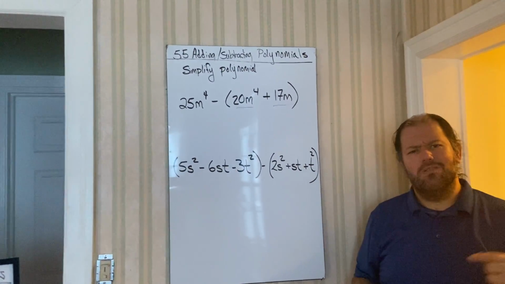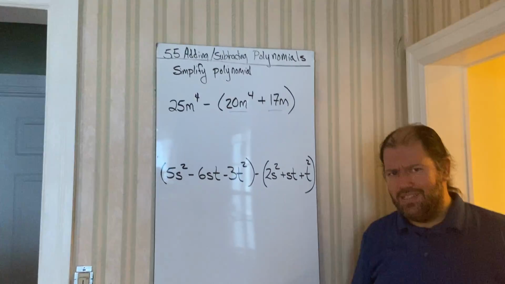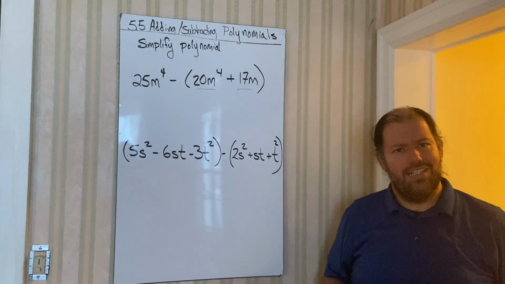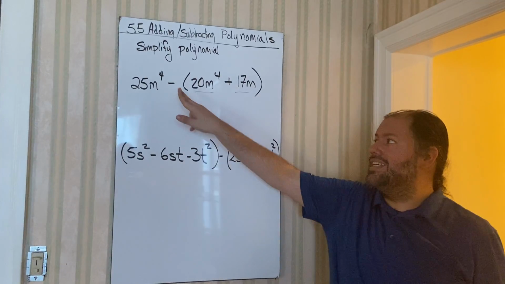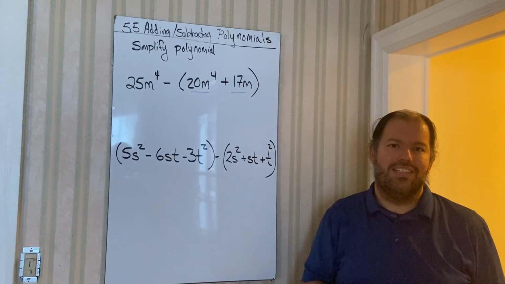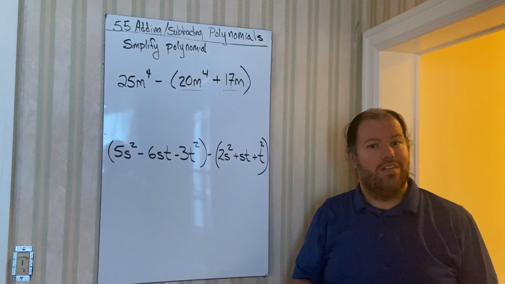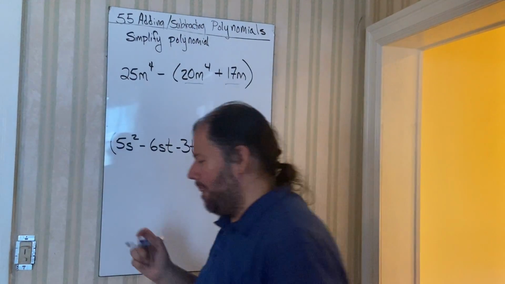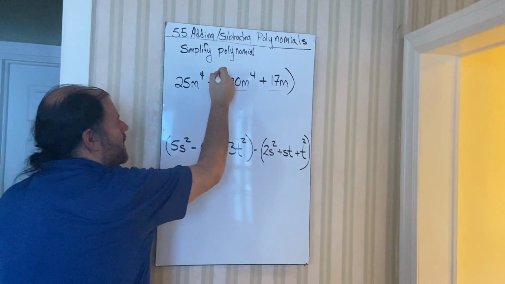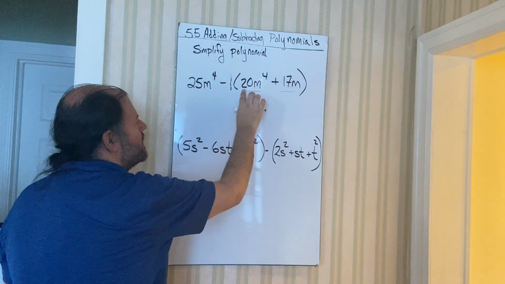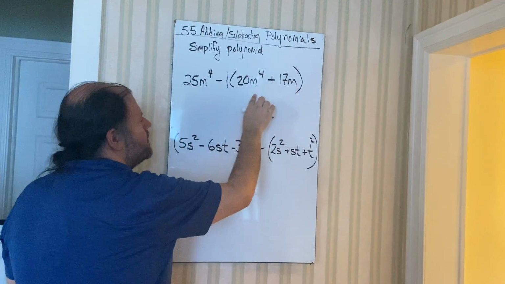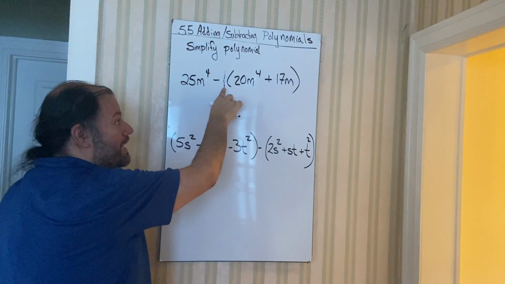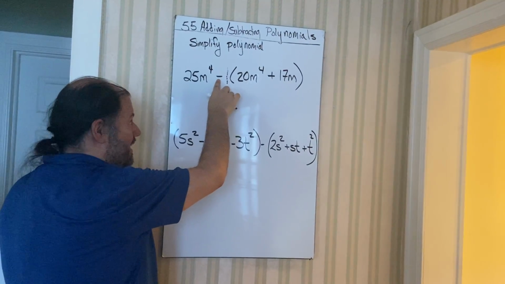So how do we remove parentheses? Remember back in Unit 1, if we had a set of parentheses, I said, look to see if there's an outside number. If you don't see an outside number, then there's an understood 1. So notice I'm going to put that understood 1 here. And then you're going to distribute the number and its sign.